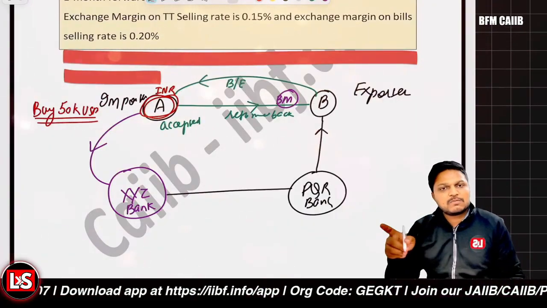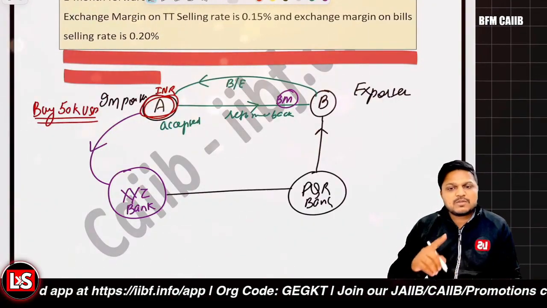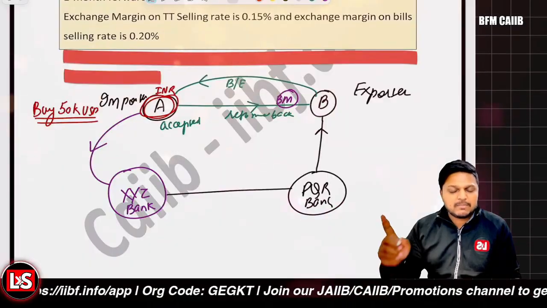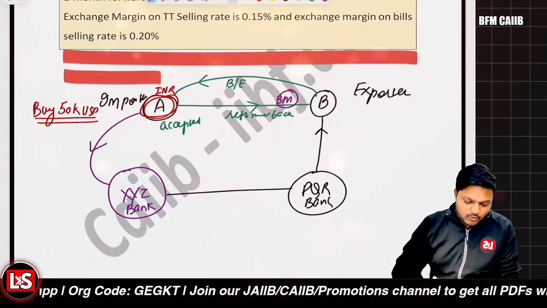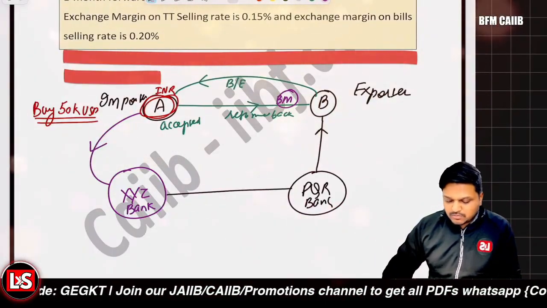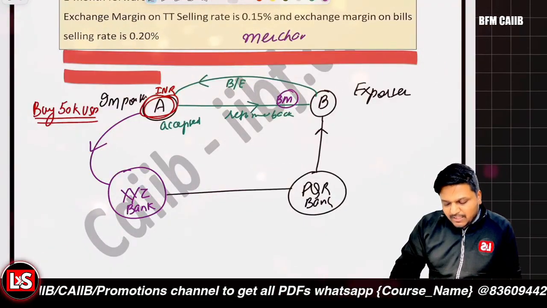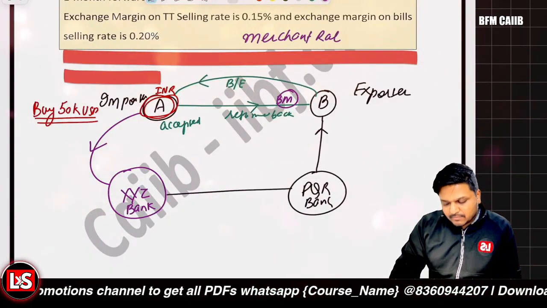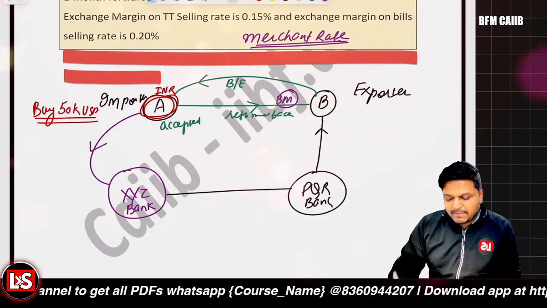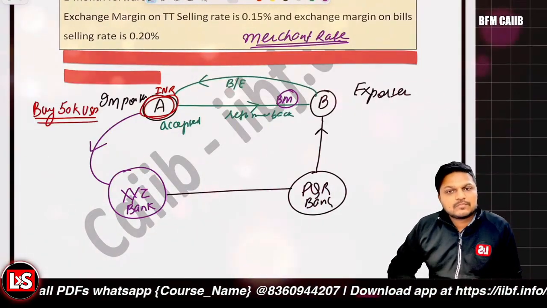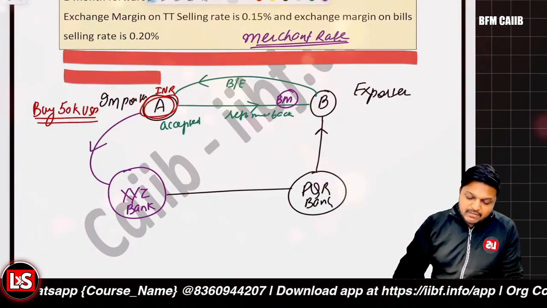Whenever the customer wants to buy, the merchant rate would be applicable, that we know. So in this scenario, what rate would be applicable? It is the merchant rate. What quote will be given?